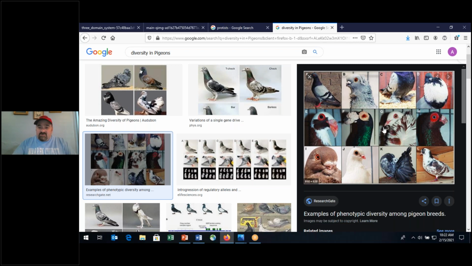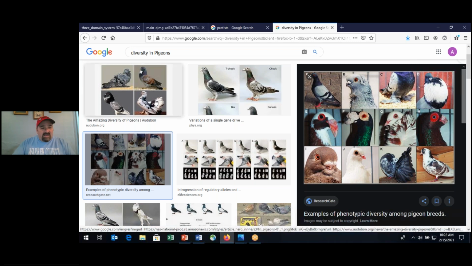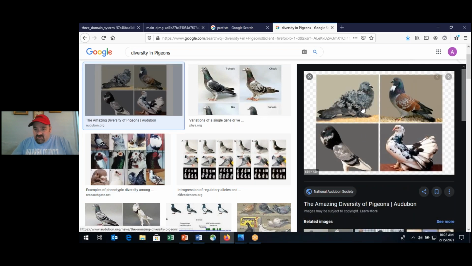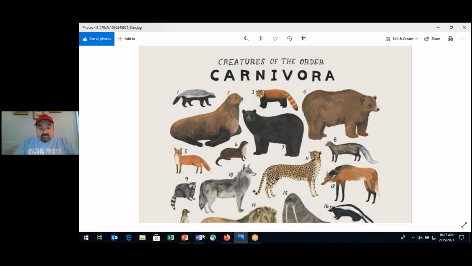So here's the phenotype: this is what's going on as far as the different types of coloration, and whether we have feathers that are a little bit different in their appearance. Here's a good example, look at those feathers in comparison. Pretty cool stuff. That's the phenotype. That's the presentation that we can actually see of the genotype, which we're not seeing at the microscopic level, but that we know is present.